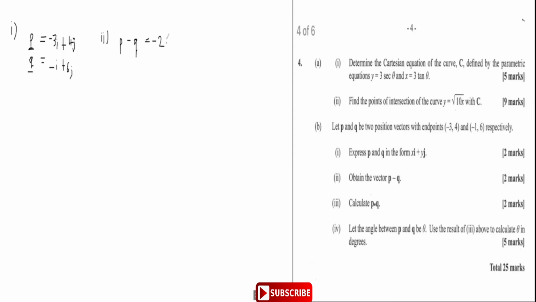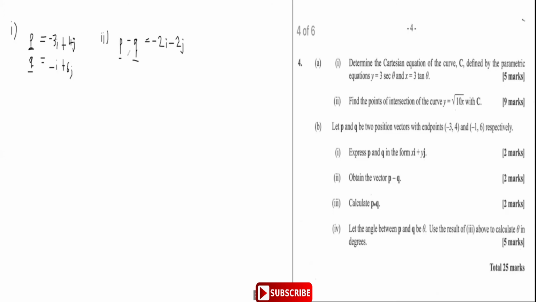Then 4 minus 6 is minus 2j. So that's vector P minus vector Q.